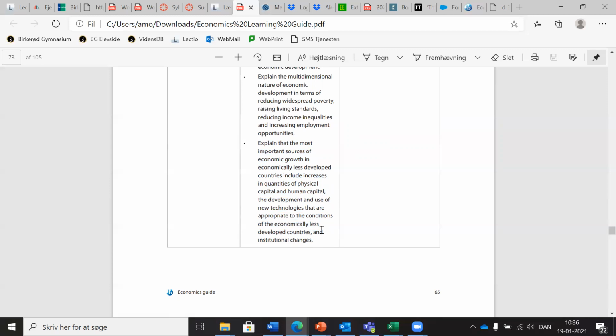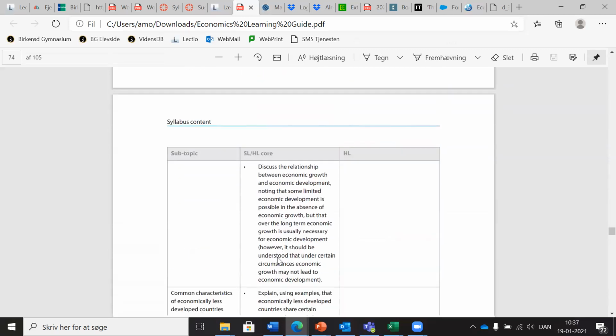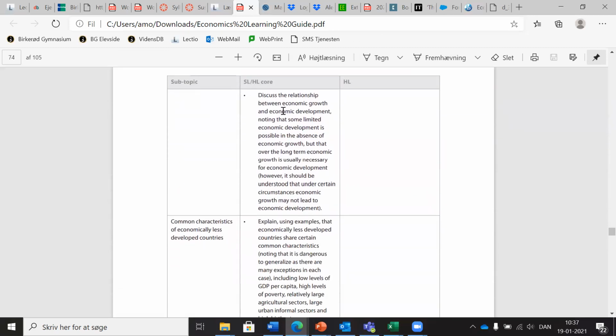Essentially, for a lot of developing countries, it's just about getting more capital, getting more finance in, for example, so that business people, entrepreneurs can take advantage of the opportunities that these countries have. A lot of the poorer countries are rich in natural resources. They have a lot of commodities. Africa has got so much wealth, but it hasn't got the other resources needed to take advantage of this, such as capital, such as expertise, and so on.